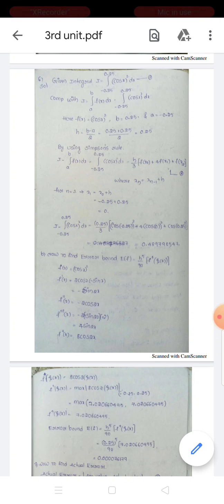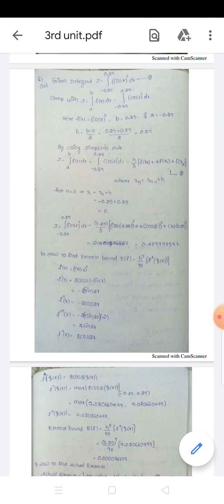This is equation 1. Here x_n equals x_{n-1} plus h. For n equal to 1, x_1 equals x_0 plus h equals minus 0.25 plus 0.25 equals 0.